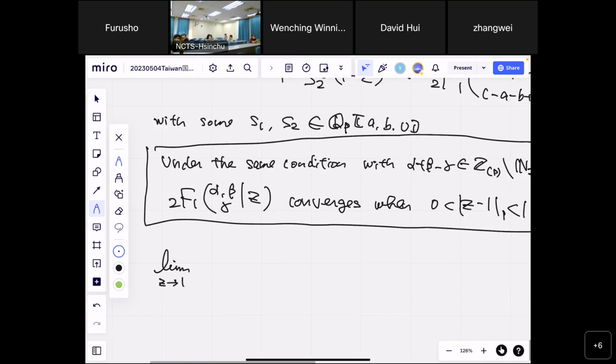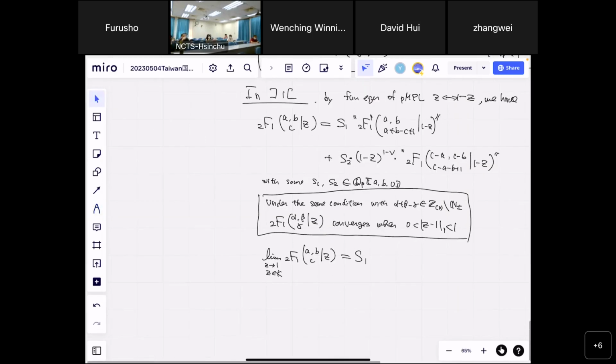If you consider G equal 1, you have to consider the specific case. G belongs to some field whose absolute ramification index is smaller than p minus 1. If we consider such a case, A, B, C, Z, then this can be calculated to equal S1, because S2, if you consider G equals 1, is always 0.